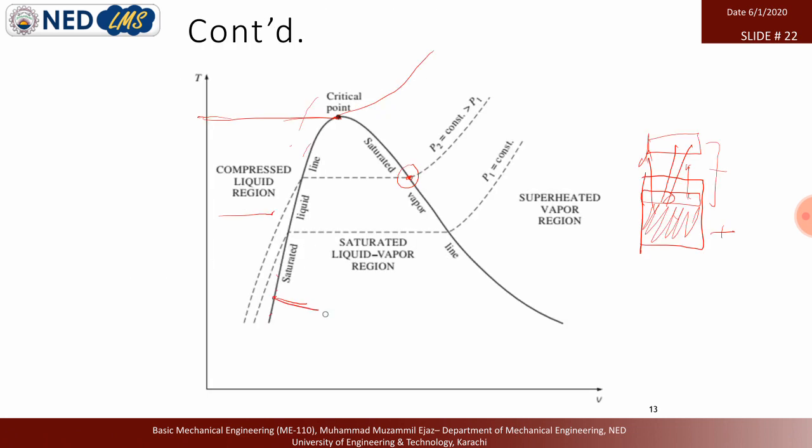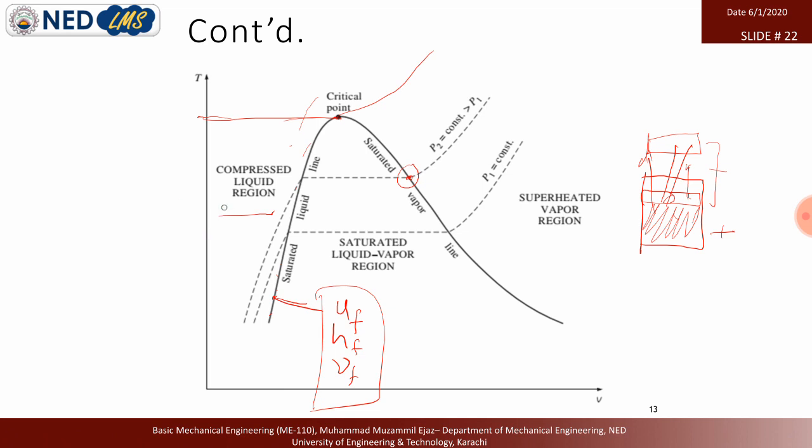So any properties like internal energy, enthalpy, specific volume subscripted with f are called saturated liquid properties. Any properties in this region are treated separately, and we have a graph of this saturated liquid-vapor region separately, the compressed liquid region separately, and the superheated region graph separately.